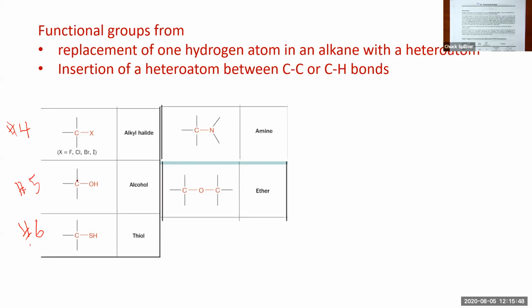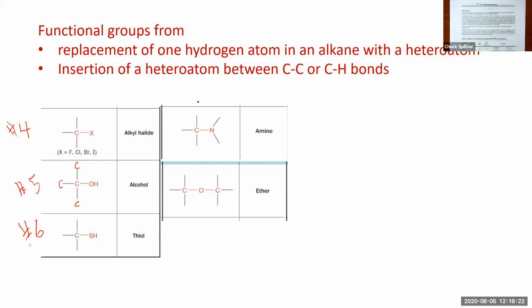So the OH is attached to an sp3 carbon, but that sp3 carbon can be attached to another carbon. If the carbon has 1 carbon attached, it's called a primary alcohol. If it's connected to 2 carbon atoms, it's called a secondary alcohol. And if there's 3 carbon atoms, it's a tertiary alcohol. So we have 3 different alcohols.